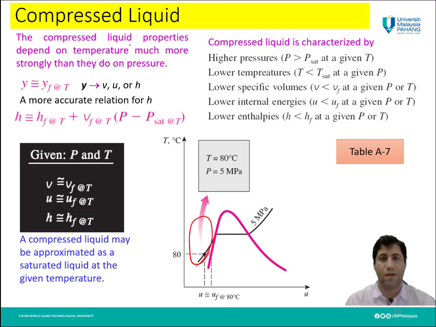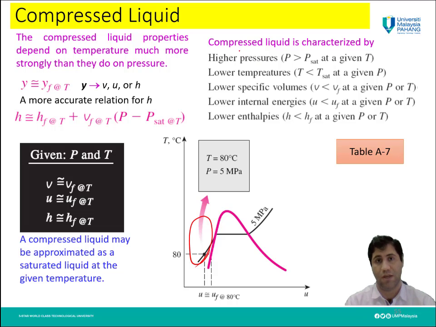First of all, you should know that the compressed liquid properties depend on the temperature, and this dependency on temperature is much higher than the dependency on pressure. So temperature is more effective on the properties of water in the compressed liquid region.